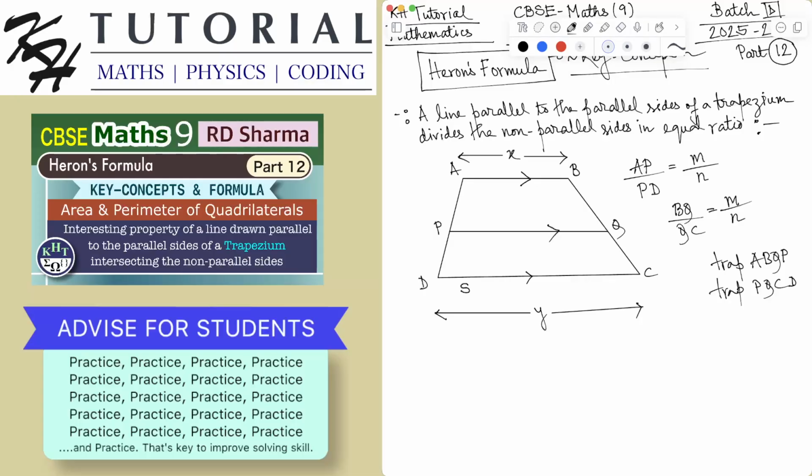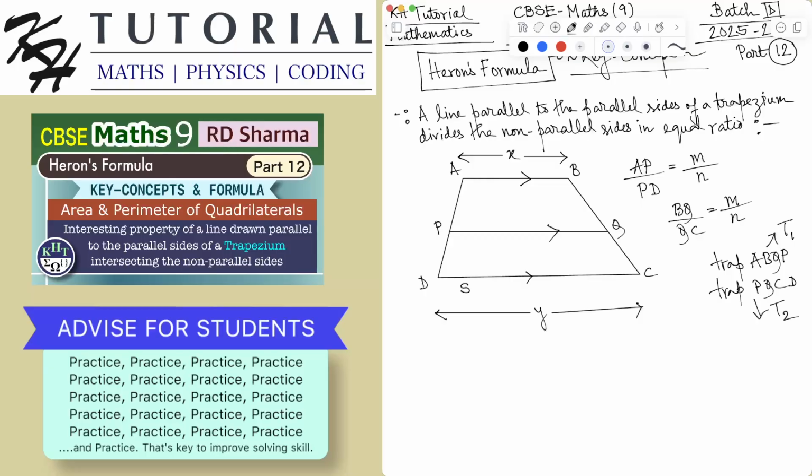Now, how do we find the ratio of the area of the two trapeziums? For the sake of easiness, I am calling the trapezium ABQP as T1, and I am calling the trapezium PQCD as T2.